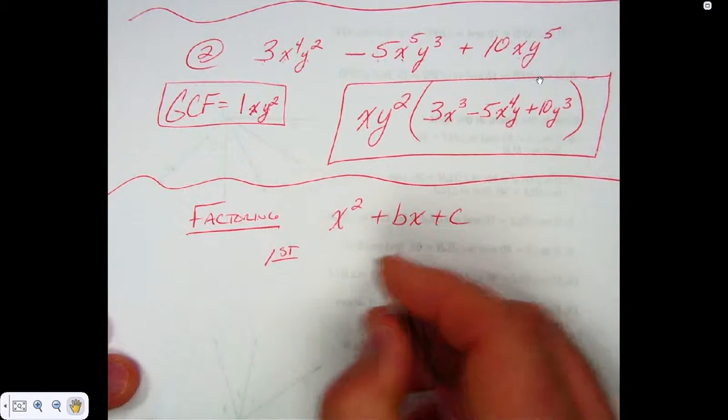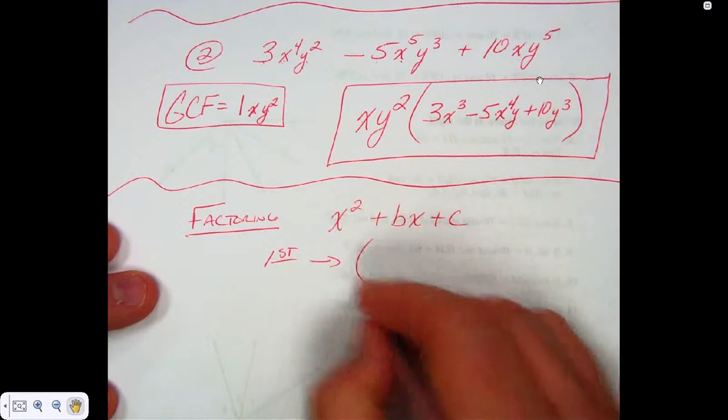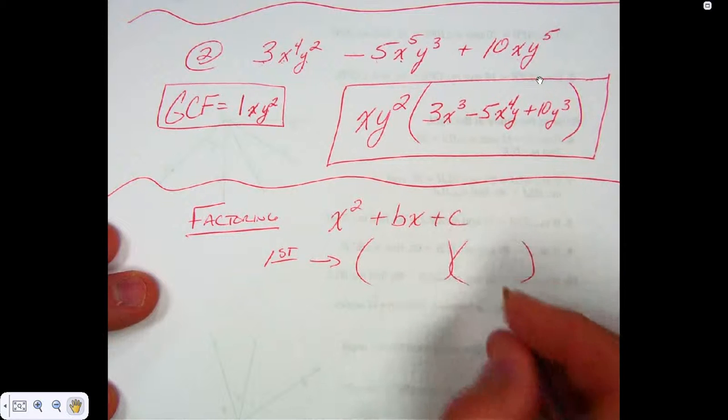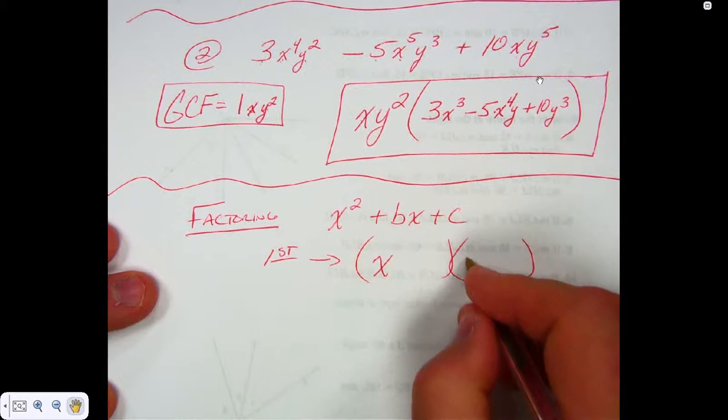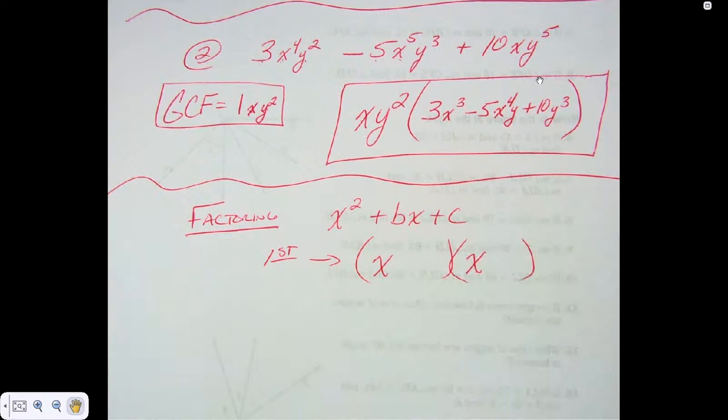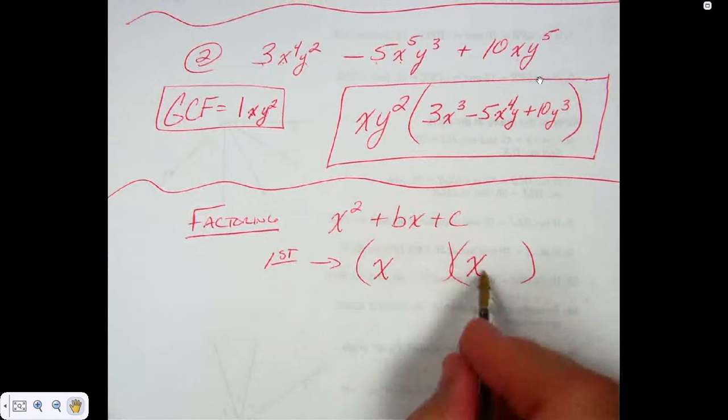First, you write it down like this. You write 2 sets of parentheses. What do I put here, guys? You guys should remember this. What do I put here? X. What do I put here? X. Because x times x is x what?